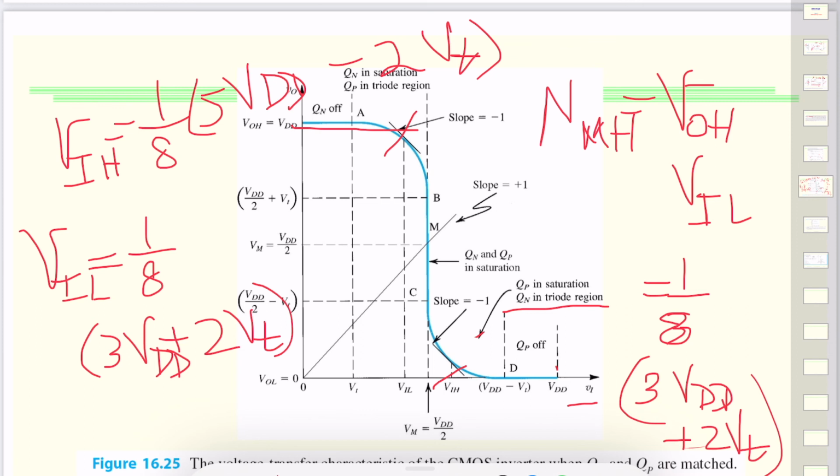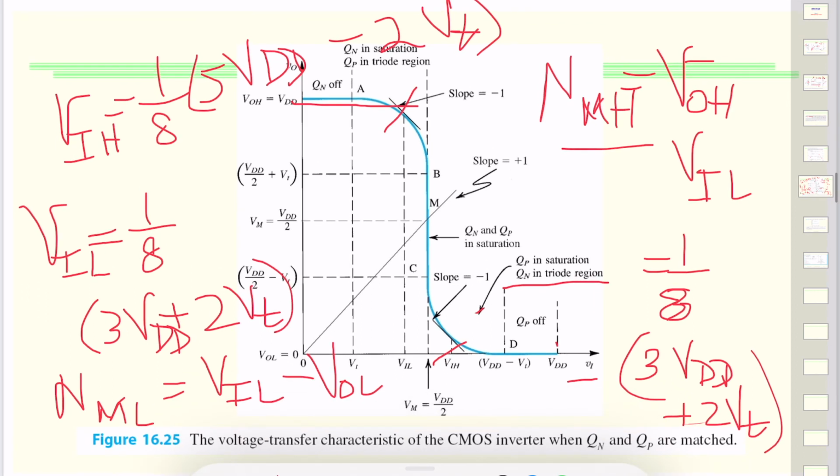In a similar way, this is on the high side. Similarly, we can find the noise margin for the lower side, which would be VIL minus VOL, and that's the same as this, which is expected because of the symmetry.